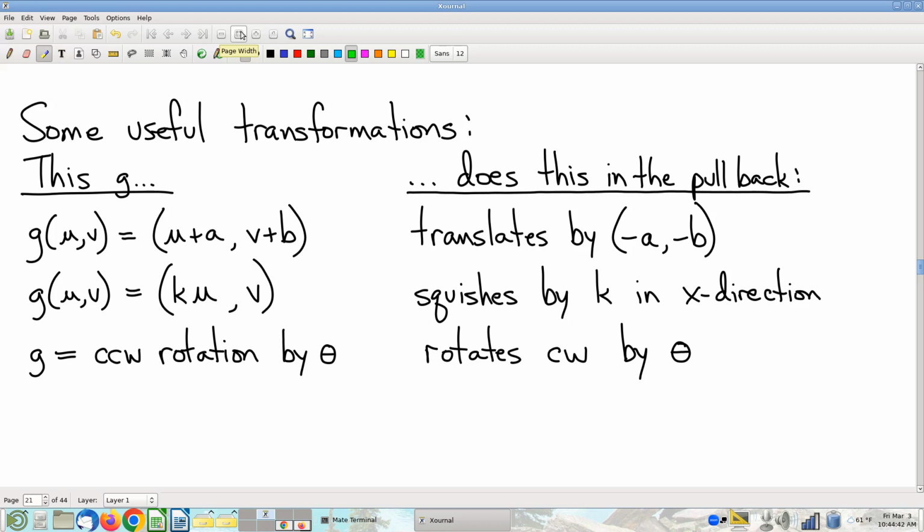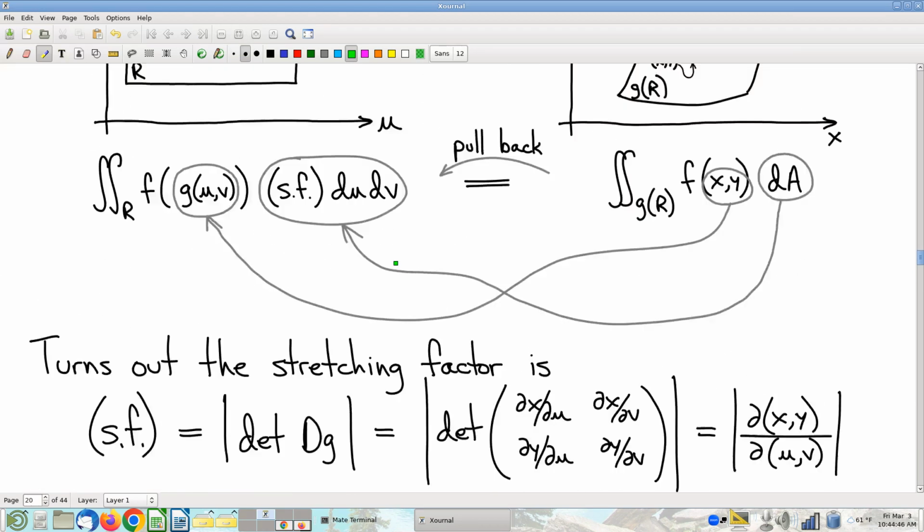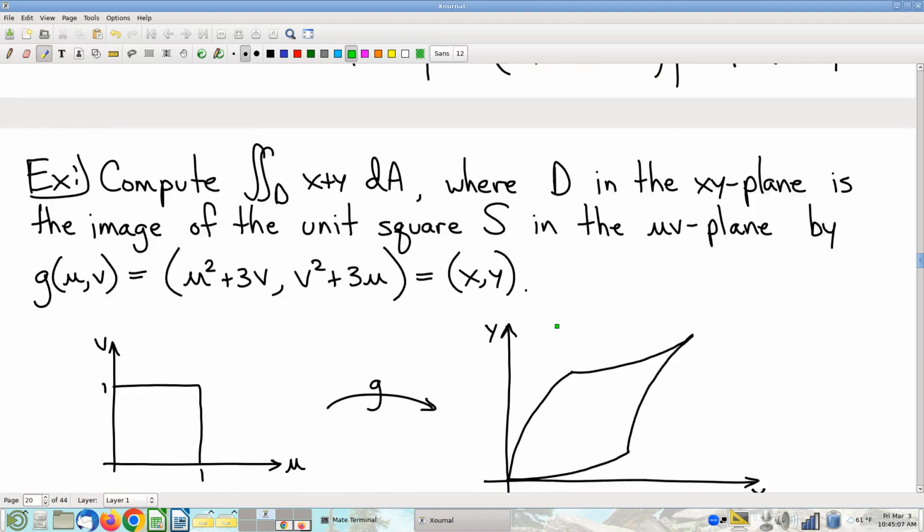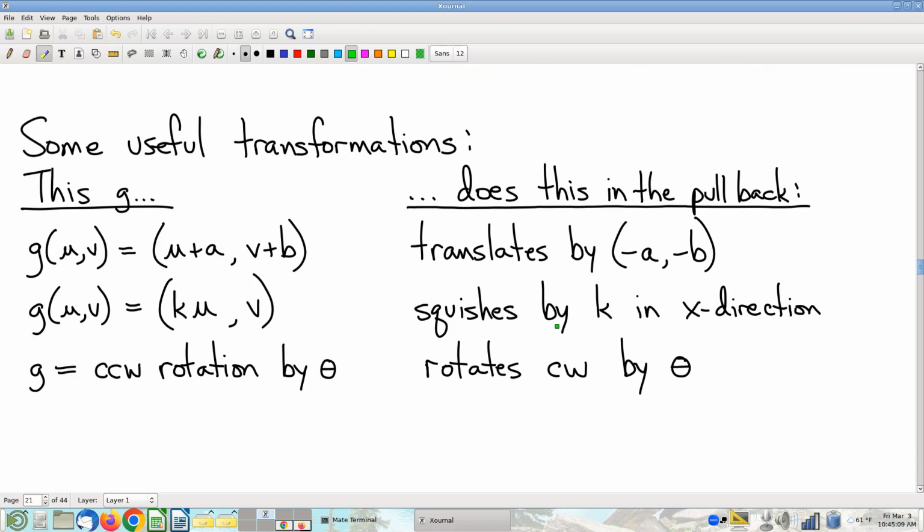So here's some examples of things that you can do. Before I get into the list, let me point out, again, there is this sort of backwards factor, right? Whatever the function does, the act of pulling back, in some sense, you're moving backwards through that function. So there is a kind of an undoing, a reversal aspect to how this works, and I'm going to show you an explicit example on the next page.